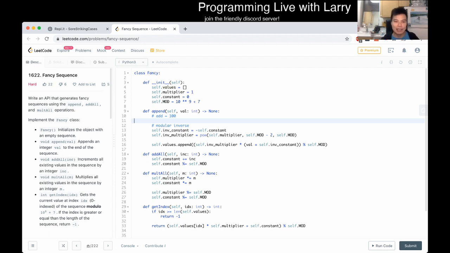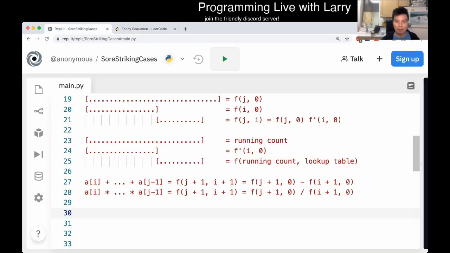Basically the idea is that in this case, you could think of f sub i sub 0 as equal to, and another way to write this is, i minus 1 sub 0 times some m plus some c, right?